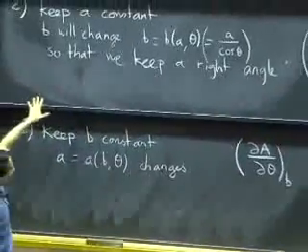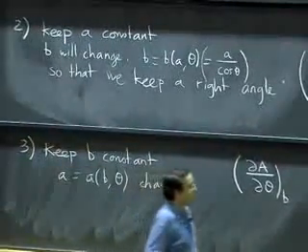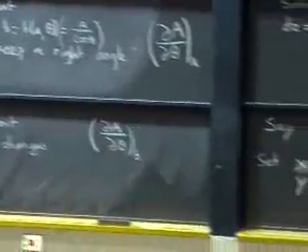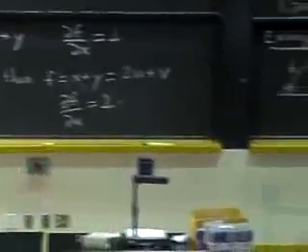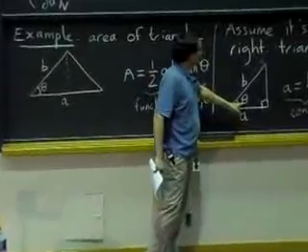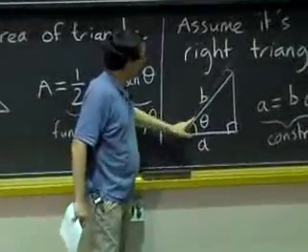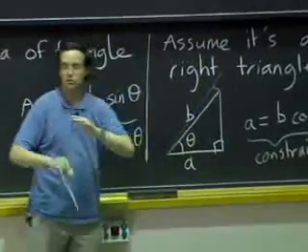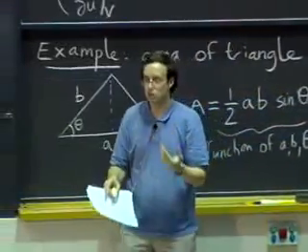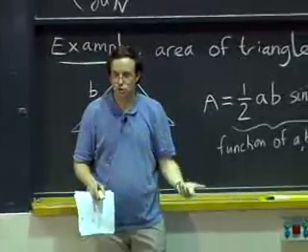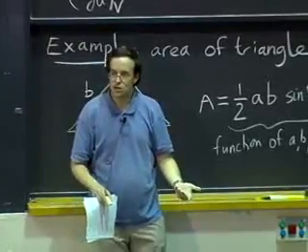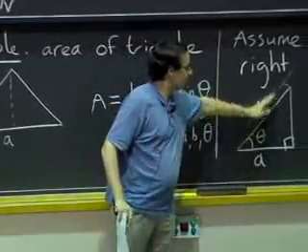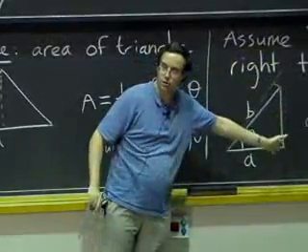So one way to ask ourselves how does the area depend on theta is to say, well, we'll actually look at the area of a right triangle as a function of A and theta only by solving for B. And then we'll change theta, keep A constant, and ask how does the area change. So when we do that, when we change theta and keep A the same, then B has to change so that it stays a right triangle, right?